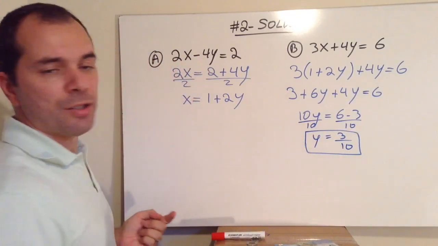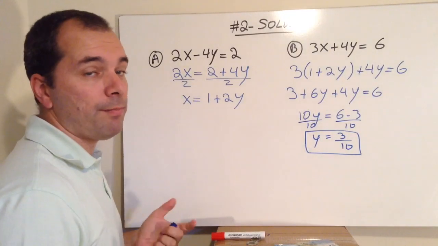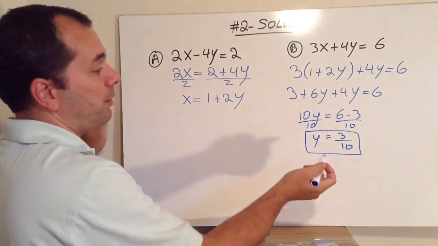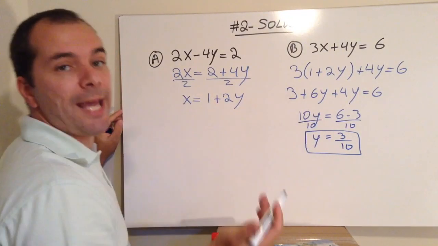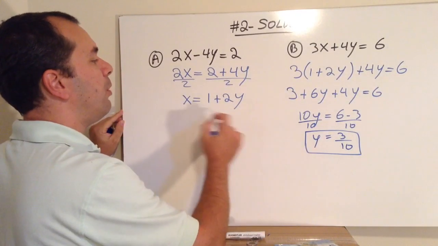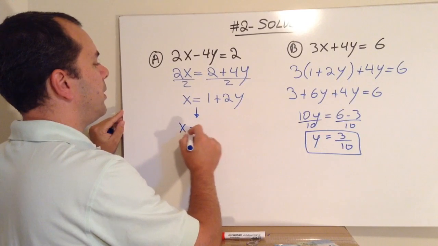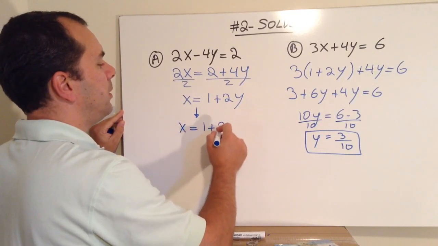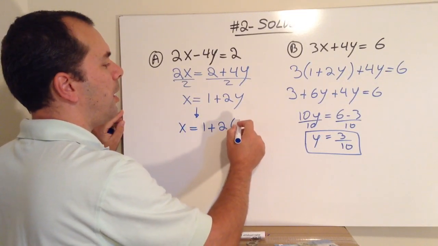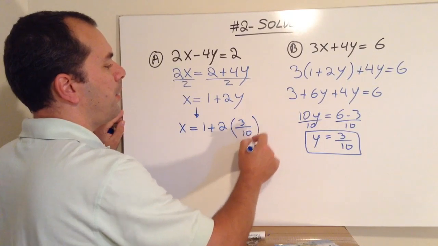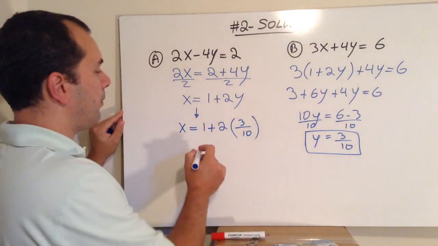Okay, so I got a fraction for an answer. Is that a problem? Well, it's inconvenient, but let's work it out. So now I need to figure out what my x is, and I need to plug it back over here. So my x is equal to 1 plus 2 times y, and my y is 3 over 10. That's okay.